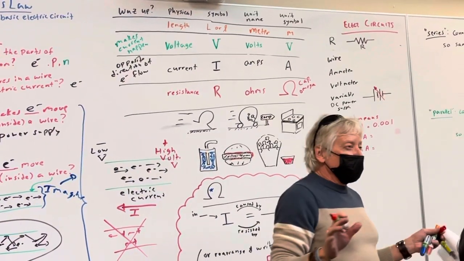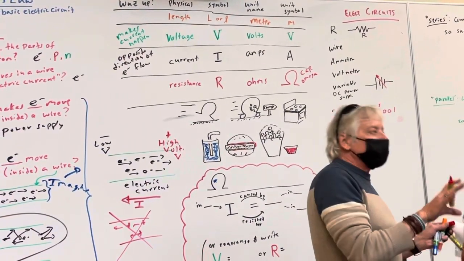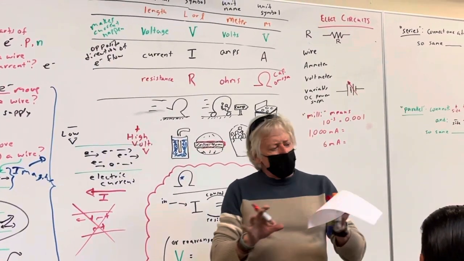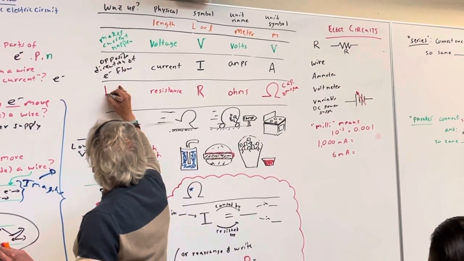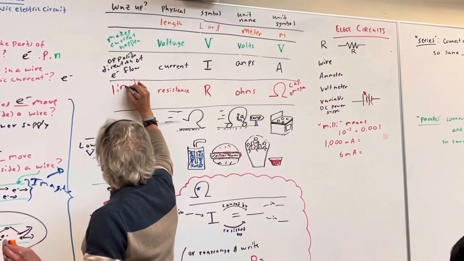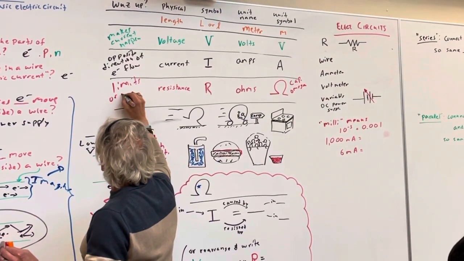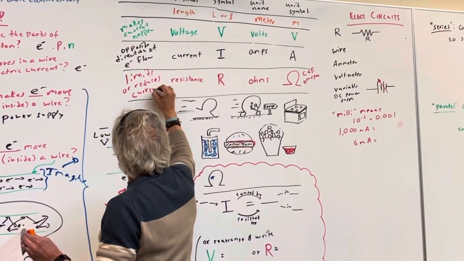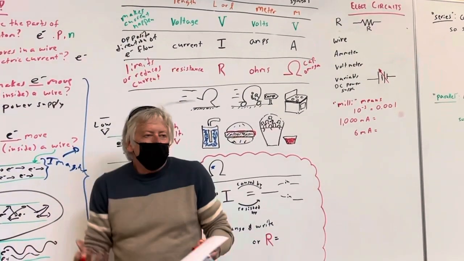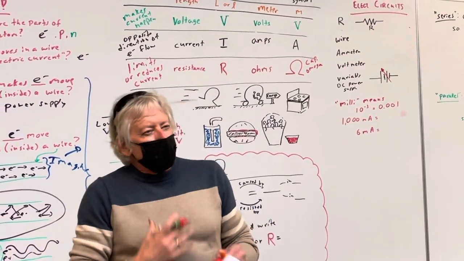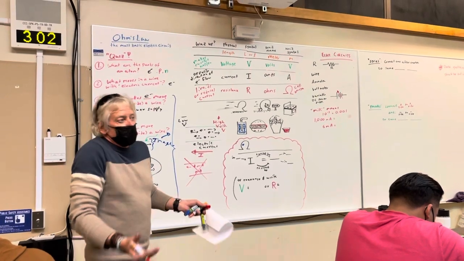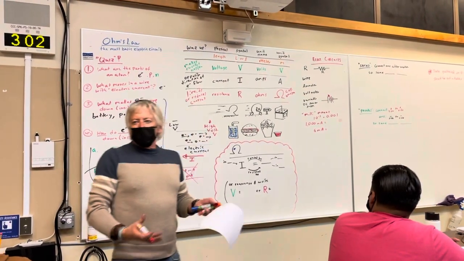It could fry your thing. So you want it to be not so much current. You don't want maximum current, you want just the right amount. So the resistance limits or reduces current. It resists so that you don't have too much current. You want just the right amount to do whatever. You don't want to fry your phone. You need resistance.